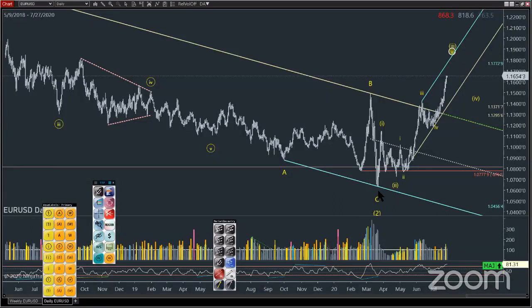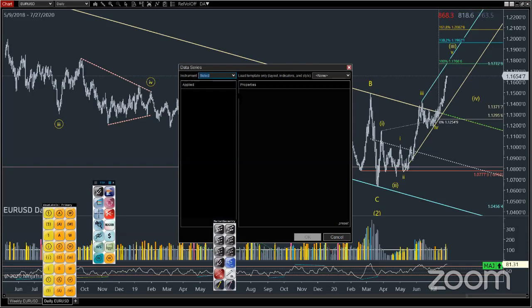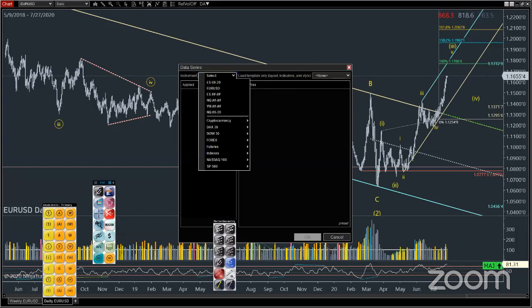So if we're looking for the end of wave 5, I'm going to do the size of wave 1 from the end of 4, and I think that's a triangle 4 there. What do you know? You've got the 100% right up near the top of the channel. Let me zoom in on that. I'm going to use the 6E.